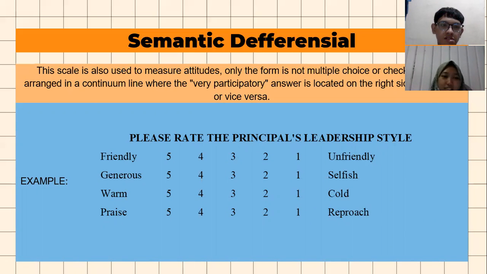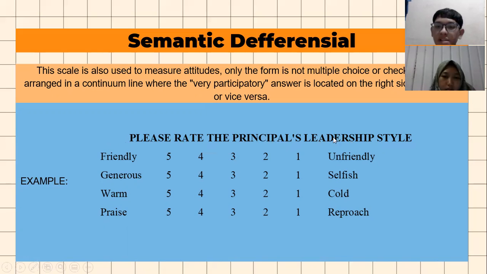For the third, semantic differential, this scale is also used to measure attitude. Only the form is not multiple choice or checklist, but arranged in a continuum line where the very positive answer is located on the right side of the line and vice versa. For example, friendly and unfriendly.